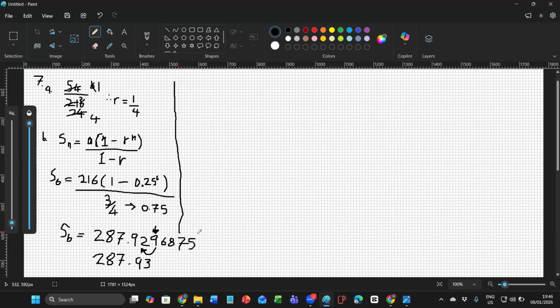So let me just write it on top here. S7 to 12, that's the next sum, will be equal to S12 minus S6, so that we know what we are doing up front.